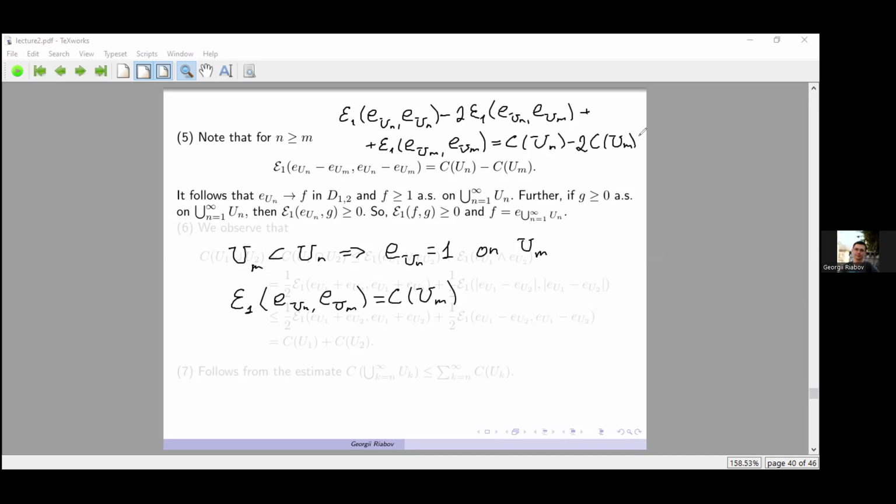And the last one is plus capacity of Um. And then we get that the E1 norm of EUn minus EUm is equal to the capacity of Un minus the capacity of Um.